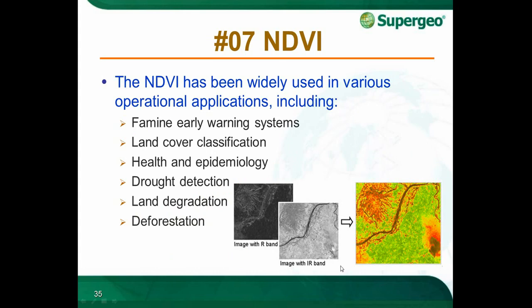And the NDVI is very widely used in a variety of operational applications, including farming early warning systems. You can find out the plantation, the growing of the crops.